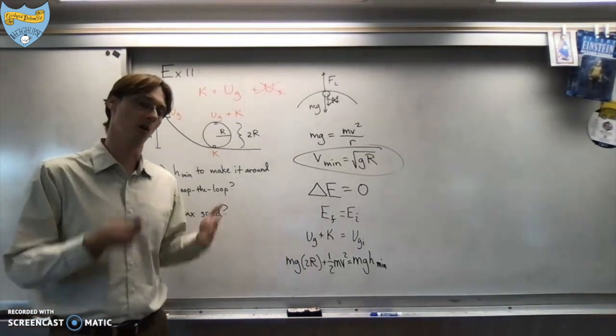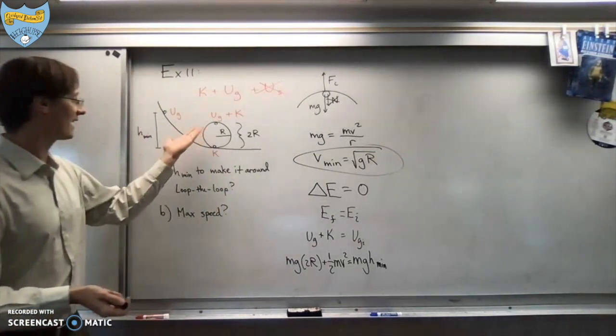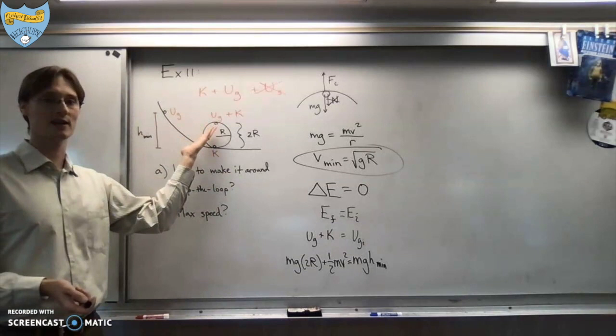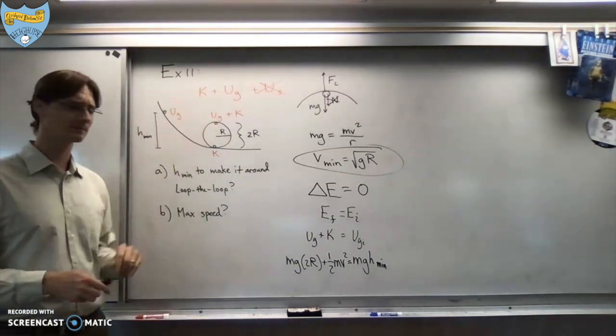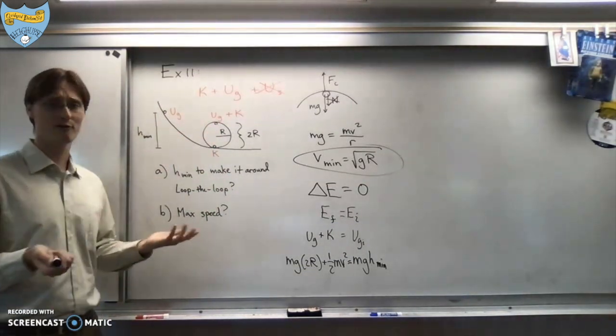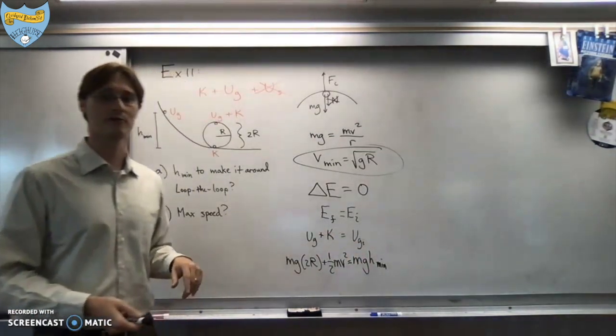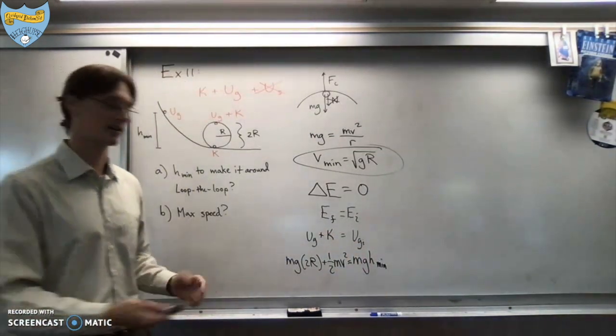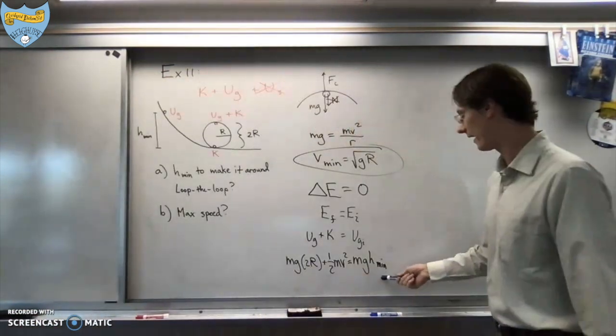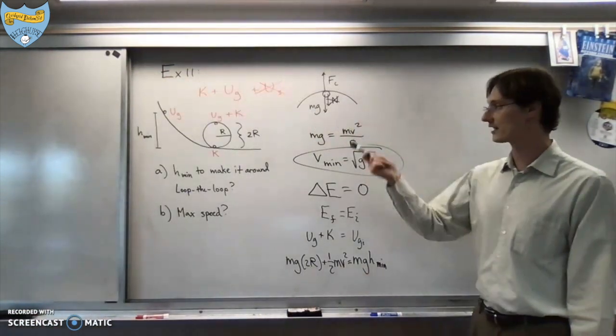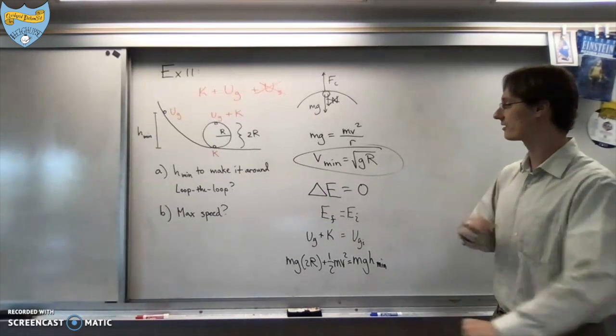You couldn't do it only with energy. Energy can't tell you the speed that this would have to have in order to not fall off the track. It could only tell you how fast it would be going there, given that you knew where it started from, which is not what you're being asked to do. You're being asked to figure out where to start it from, given that it just barely makes it around.